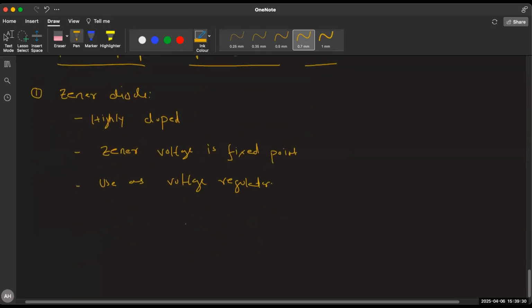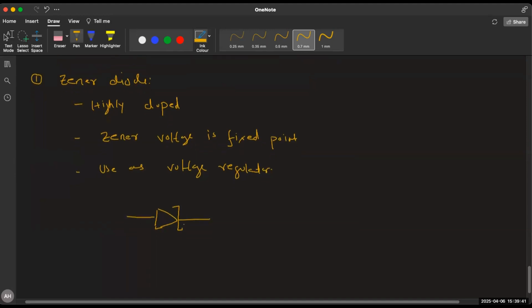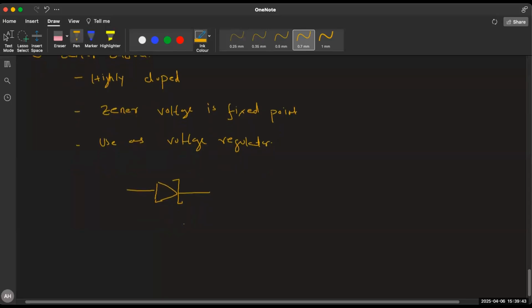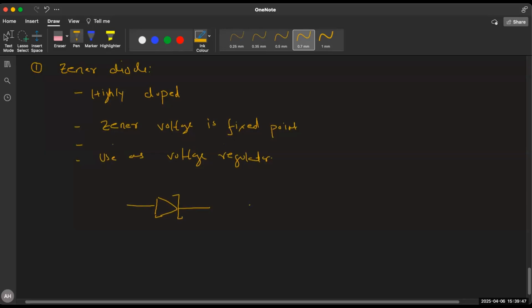So what does voltage regulator mean? First of all, we see the symbol. As compared to a normal diode, for the Zener diode, we put a Z in. This symbol shows it's a Zener diode. If you draw the characteristic, one more thing, it's always used in reverse bias. In forward bias, it acts like a normal diode.